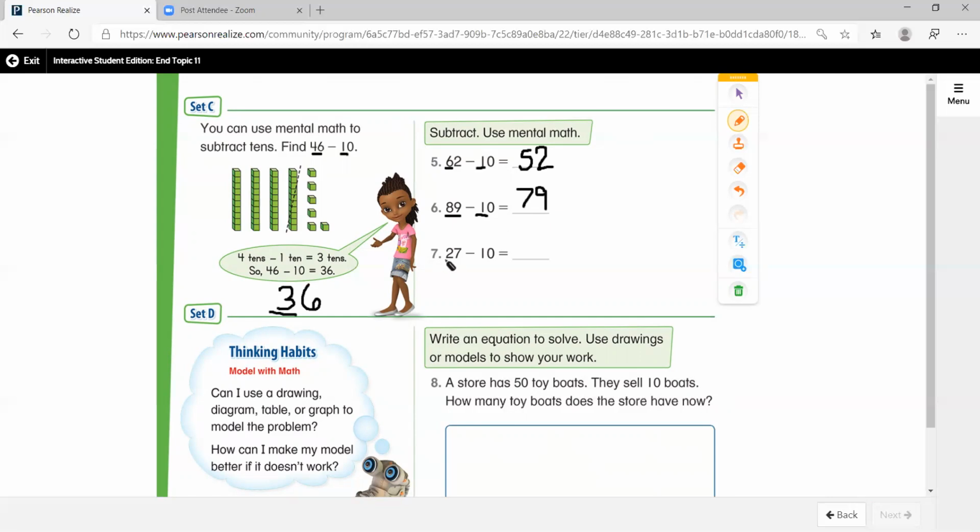In number 7, we have 27 minus 10. I have a 2 in my tens place and a 1 in my tens place. 2 minus 1 equals 1. And because we're counting by tens, our ones place stays the same. So 27 minus 10 equals 17. Check your answers. How'd you do?